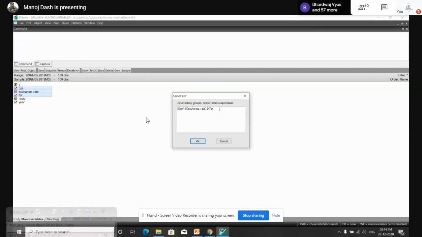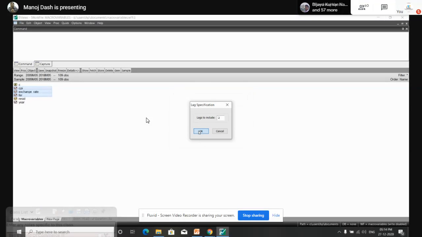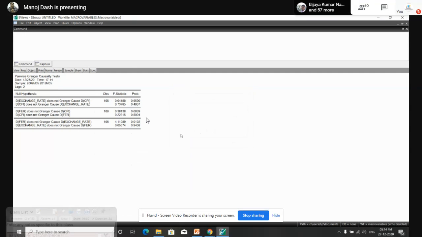Clear? Yes. Click OK. Now, any result? Anybody? Which is significant? What is the conclusion now? Only one relationship. Exchange rate causes exchange rate. Clear?